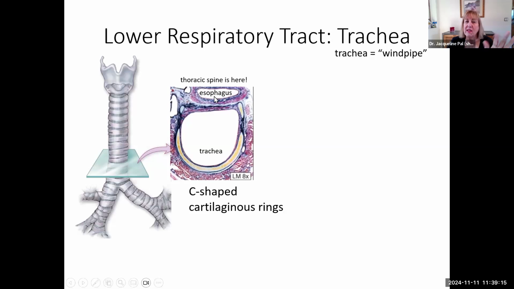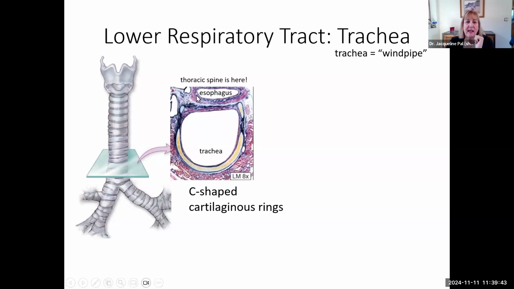And behind the trachea, we have the esophagus. So the esophagus is soft tissue, so it collapses down on itself when there isn't food. And right behind the esophagus is your thoracic spine. So what has to happen is when you eat food, think of a piece of steak or a carrot or broccoli, and it goes down the esophagus, the esophagus has to open up and it can't go into the spine.